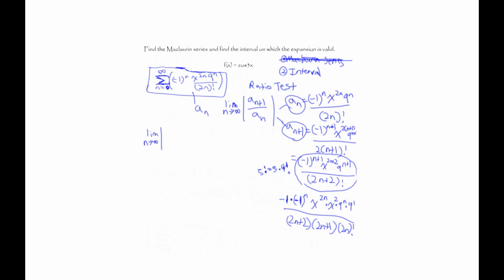And what I'm going to do is, before we plug that in, I'm just going to cross off these -1 terms, because we're going to be taking the absolute value anyway, which means they won't factor into this at all, because negatives get canceled out by an absolute value. So it's of no importance here for this ratio test.